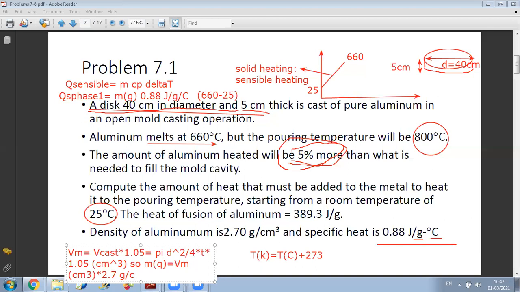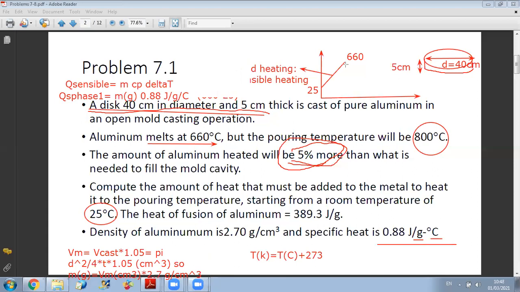So it's 2.7 times gram per centimeter cube. The resulting value will be in gram. Once I get the mass, I can replace back into my equation and get the sensible heat of phase 1.